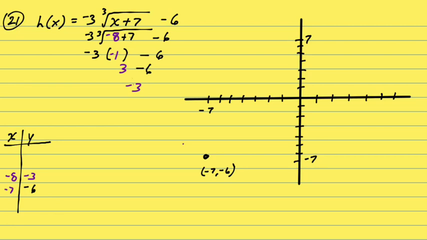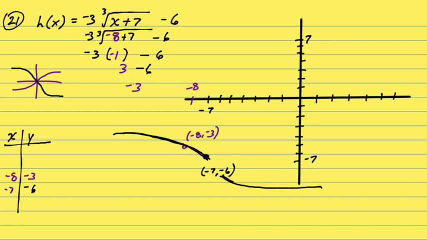1, 2, 3. -8 is about here. So -8, -3. I know what cube roots look like, but this has a negative, so this is probably going to flip it and look more like this. Since it's shifted over, I know it's going to come like this and then start going the other way. A little exaggerated there, but let me rewrite this: -7, -6. Try and connect these a little smoother.